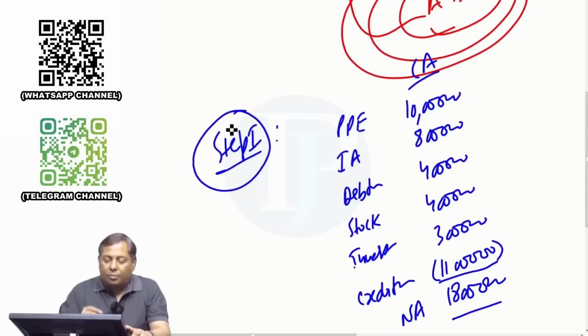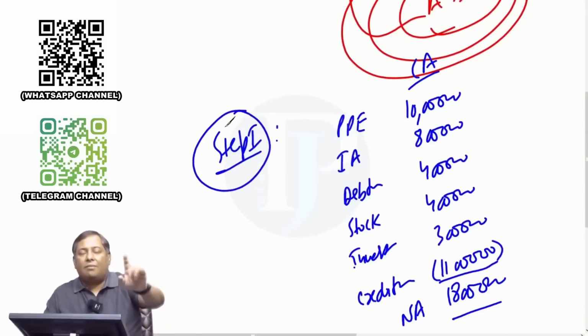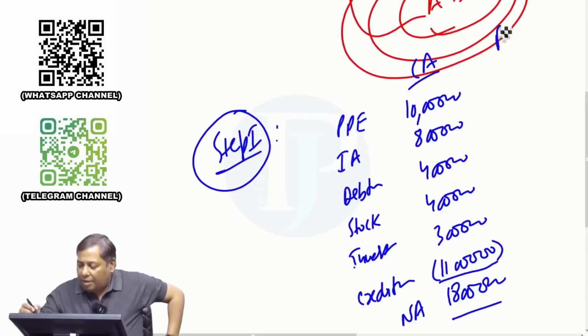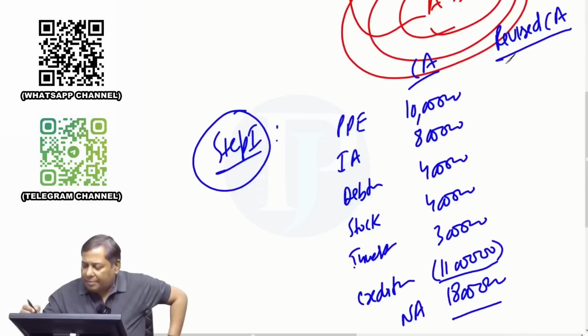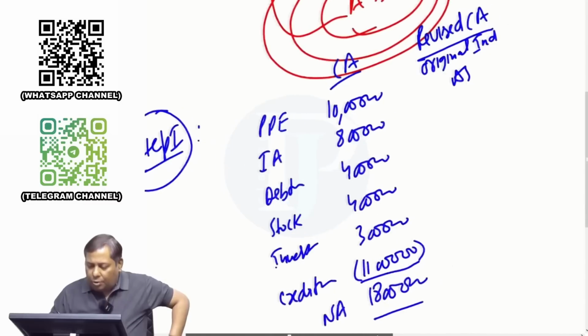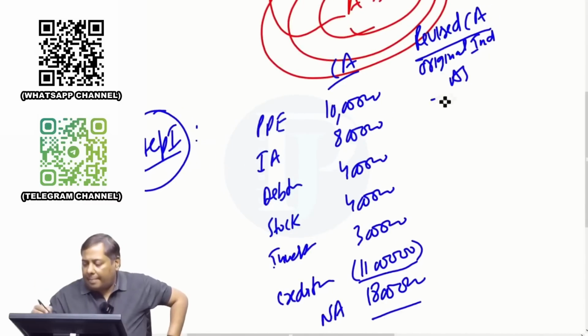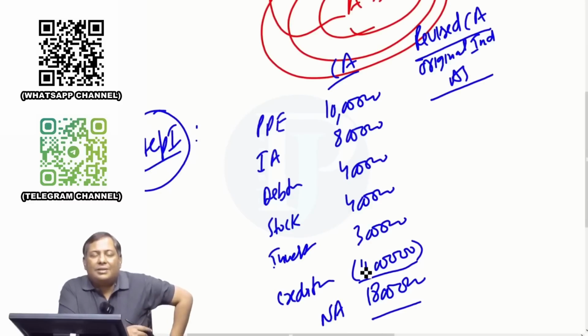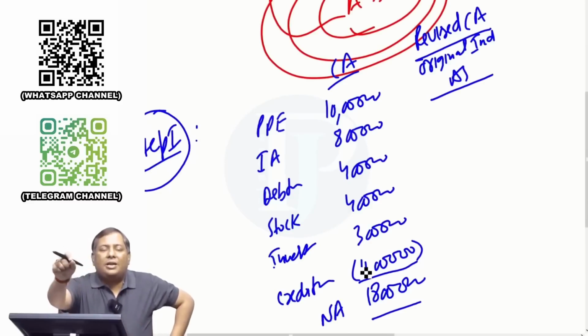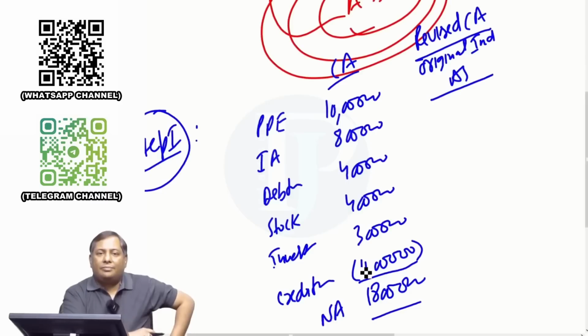Note down the first step. First step says, don't jump into Ind AS 105. First of all, calculate your revised carrying amount. Carrying amount under which standard? It is said that first you should check your original Ind AS. Take your original Ind AS, got it? How is it valued under that? For this, I will see the original Ind AS and calculate the impairment loss.